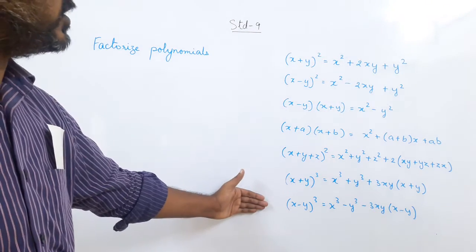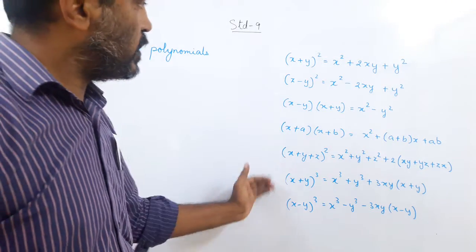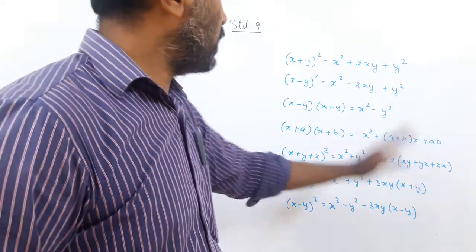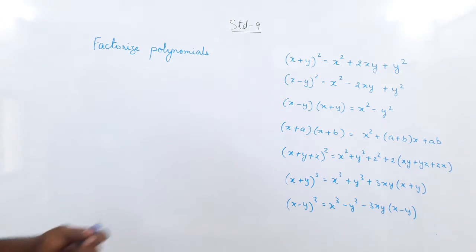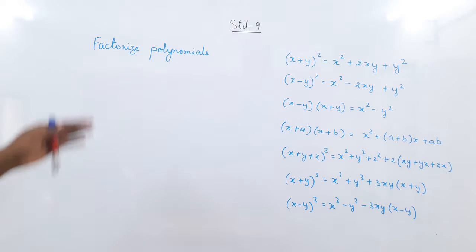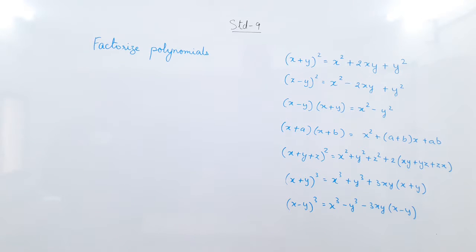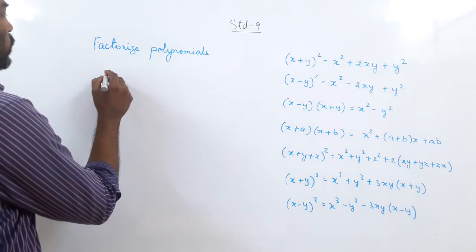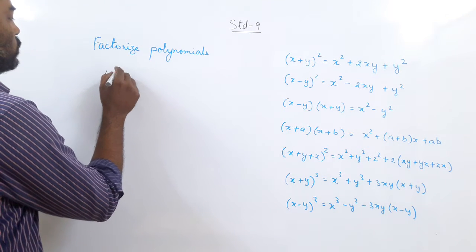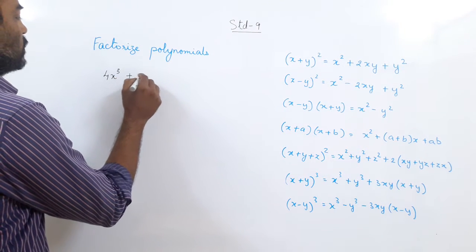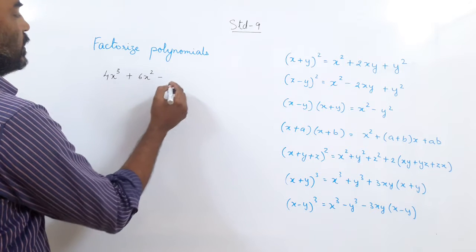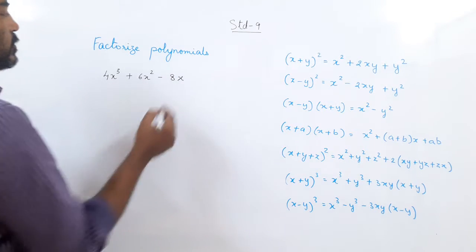We have the expansion. So when you expand this, you get this, and the factorization. But a little bit of basic revision: factorizing a polynomial starts by taking some things common. For example, suppose I have got 4x cube plus 6x square minus 8x.